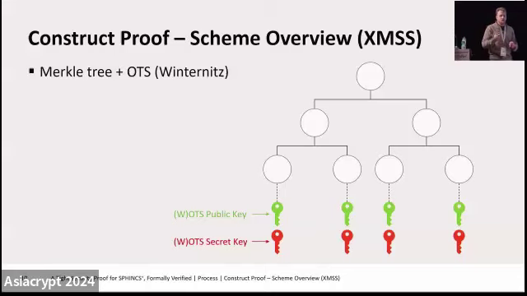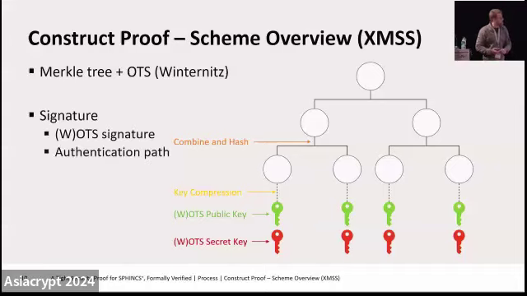And then to create the leaves, we hash the public keys into the leaves, and then the rest of the layers of the Merkle tree is iteratively constructed by taking 2 neighboring nodes and combining them and hashing them into their parent node, right? And then we do this layer by layer until we reach the root. Okay, and then a signature in XMSS consists of a signature on the message of one of the one-time signature scheme instances, and then the authentication path of the leaf corresponding to the signing one-time signature instance.